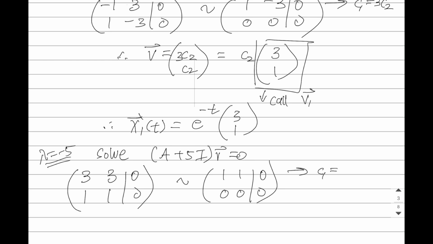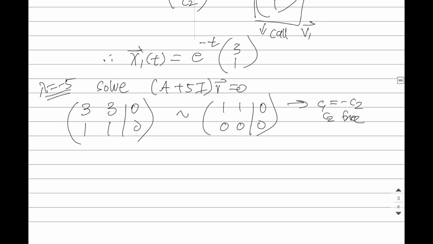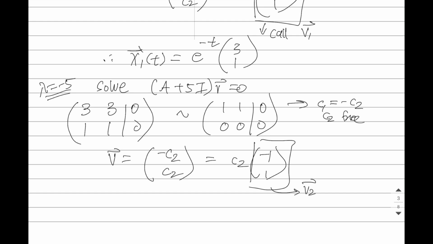This is going to tell you that C1 is negative C2, C2 will be free, and you can then take your eigenvector to be negative C2 and C2. You can write it like this. So this will be the second constant vector, and the second solution to my problem will be e to the minus 5t times negative 1, 1.